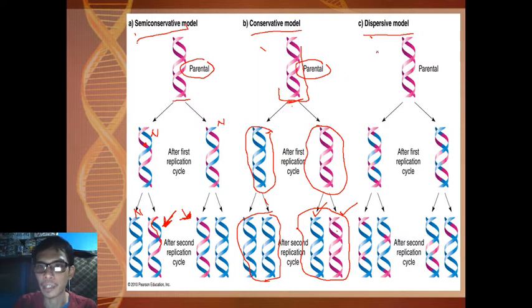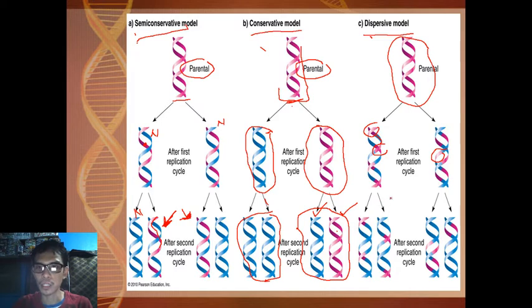And the dispersive model is a bit complicated. In this model, the parental is still in pink, but the pink parental DNA happened to be chopped into several pieces, as you can see here. Then the blue strand is produced in between the pink strands that we have right here.